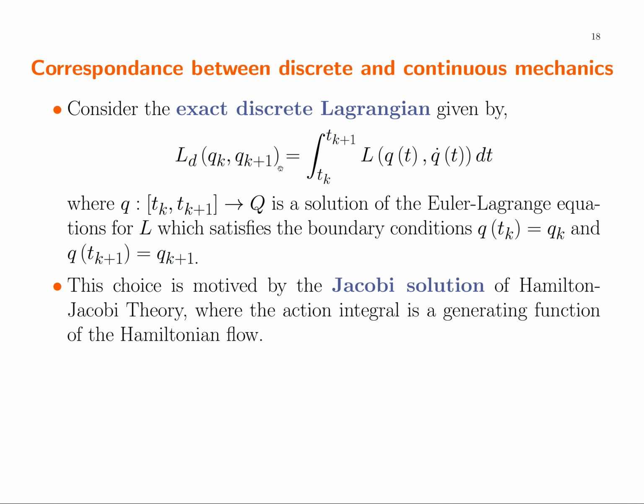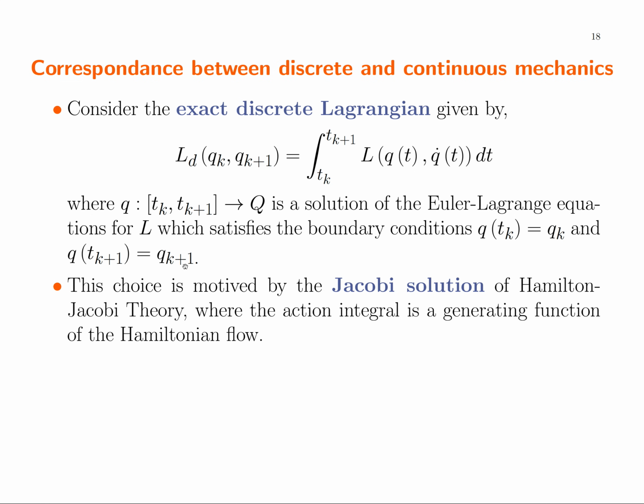So one way to see what this approach buys you is to consider what is called the exact discrete Lagrangian, which is the following object here. You specify a position at time tk and at time tk plus 1, and then you write down the action over some curve, where that curve q is a solution of the Lagrange equations, while satisfying these boundary conditions that q at tk is equal to qk and q at tk plus 1 is qk plus 1.